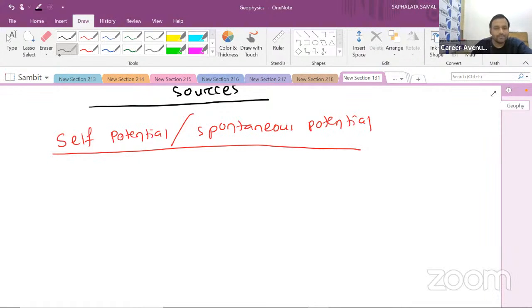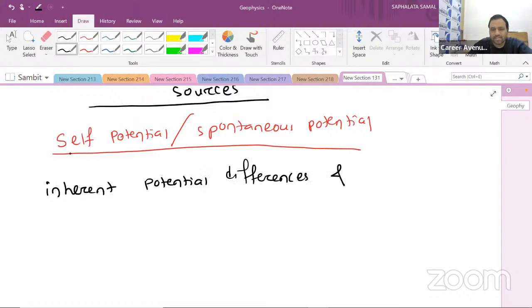So now we'll see inherent potential difference and inherent conduction inside the earth.